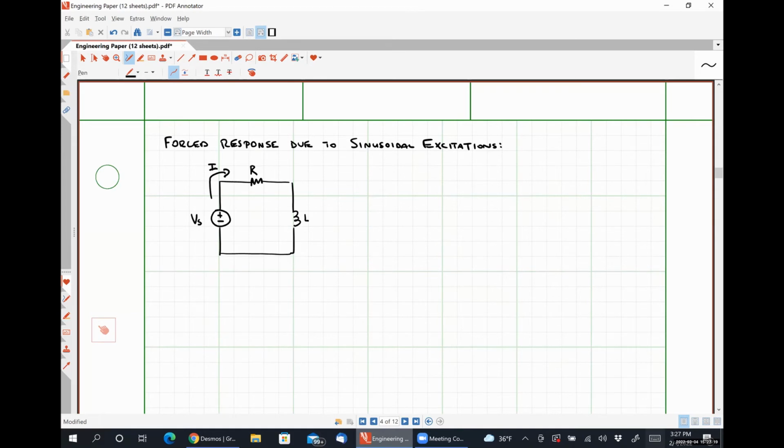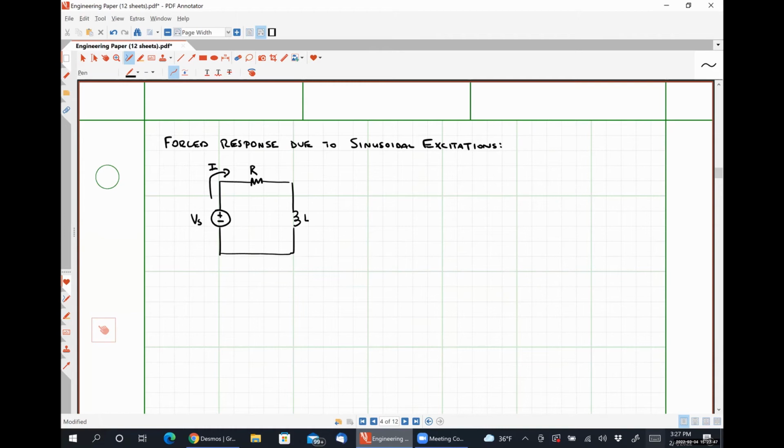If Vs is a DC source, we should expect that our current I is a DC current. Does that make sense? Yes, for all of our DC circuits where we didn't have switches perturbing anything, we got DC responses.